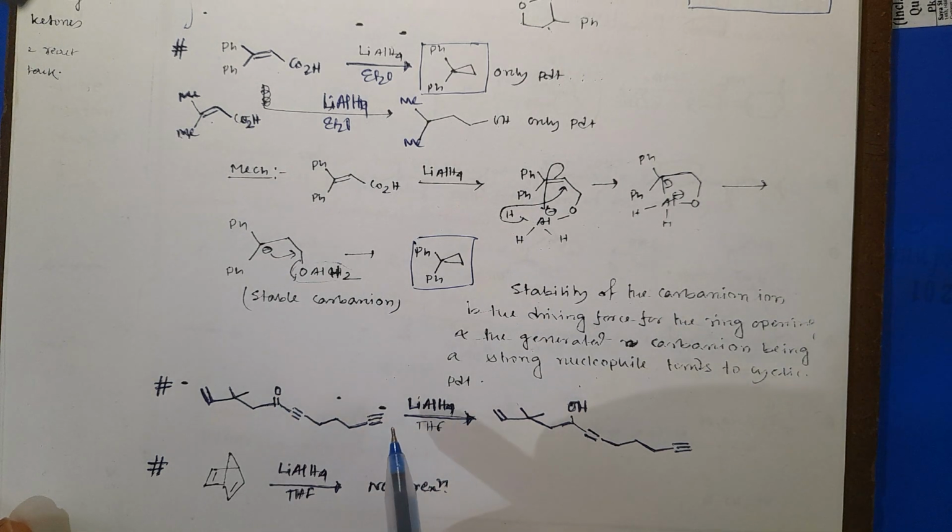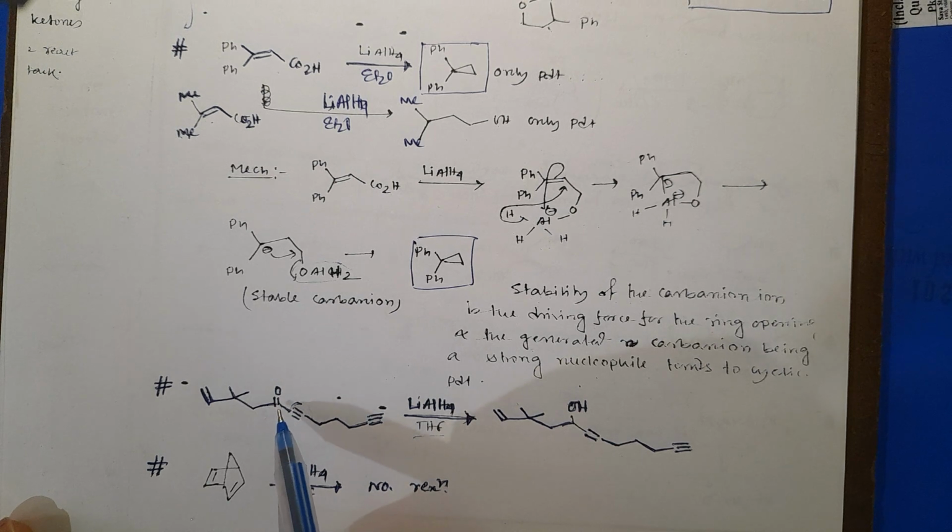Now if you perform the reaction by taking lithium aluminum hydride in tetrahydrofuran solvent medium at low temperature, this particular triple bond will be selectively reduced, along with the ketone group, and as a result it gives this kind of alcohol product. Further, if you take this bicyclic diene substrate, ultimately if you perform the reaction, it will never give any kind of product. Okay, thank you very much.